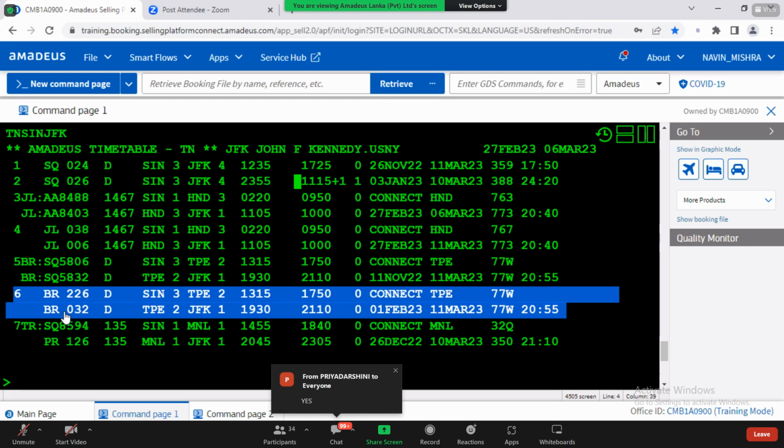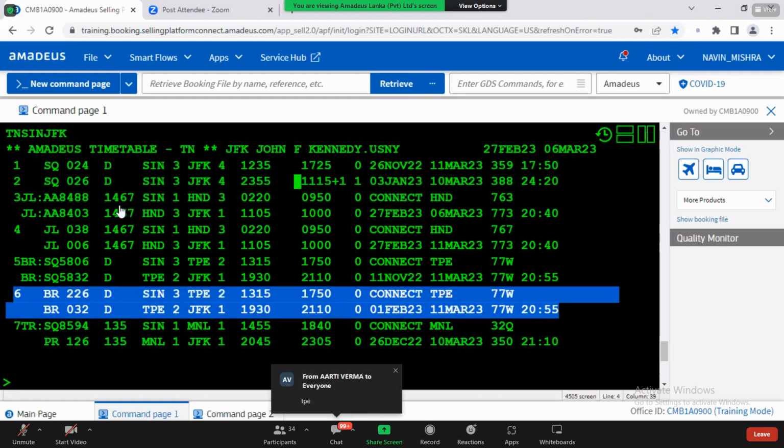It's a connecting flight. Now tell me the connection. The passenger has to depart Singapore and then reaches Taipei. That is the connection. Let me check the airport code and see the name of the airport.